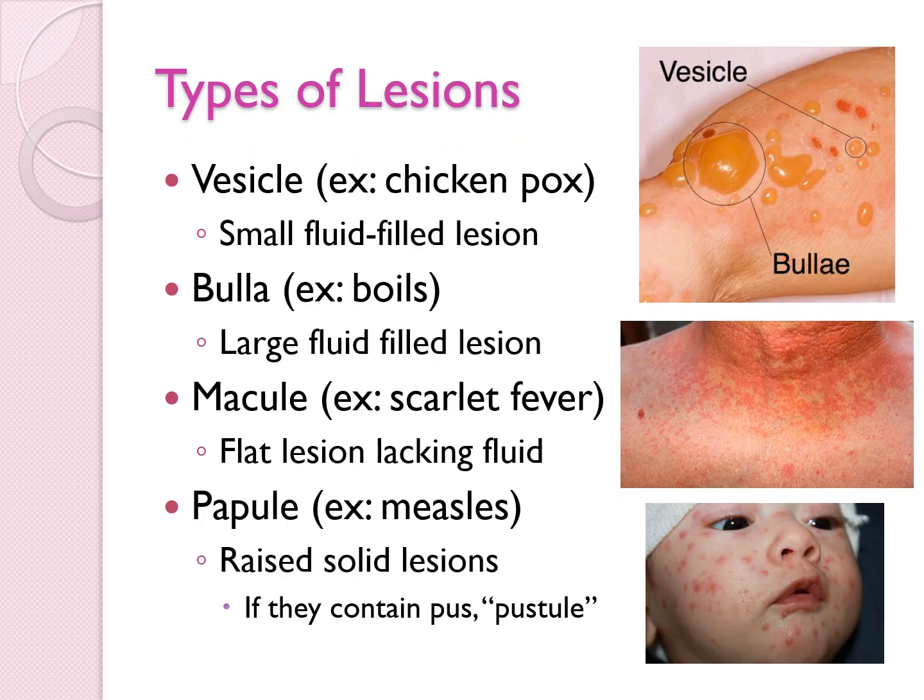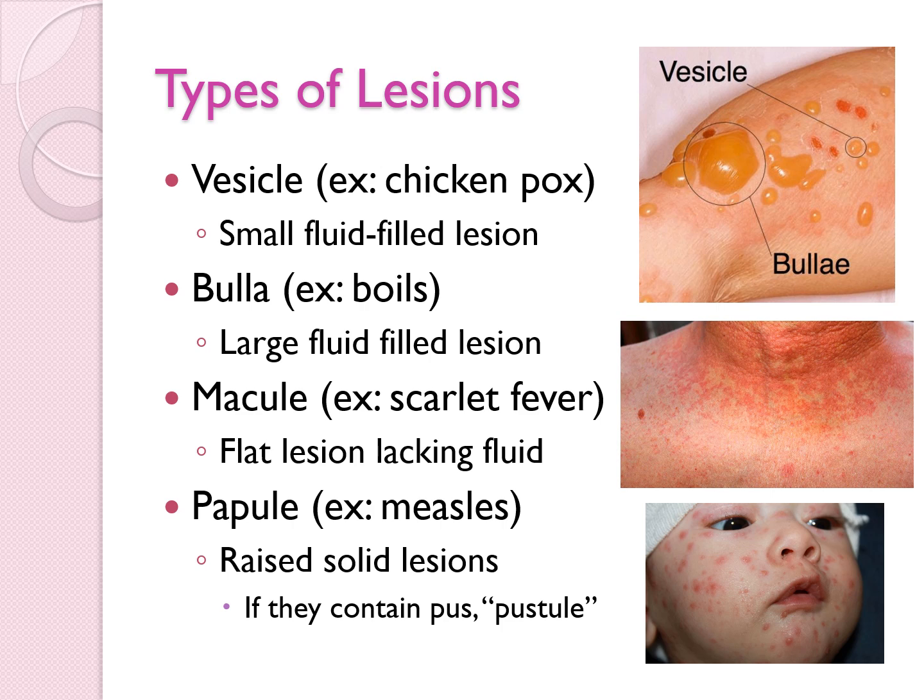The other identifying feature of defining a rash is going to be the type of lesion that is caused. So we have a vesicle, a bulla, a macule, and a papule. The first two, a vesicle and a bulla, are both fluid filled.